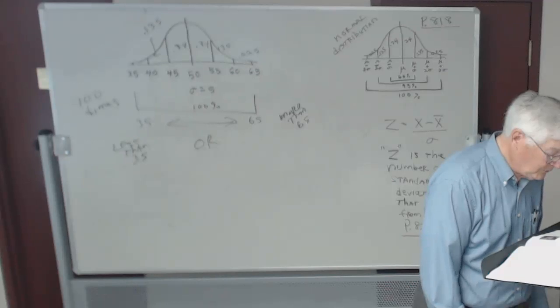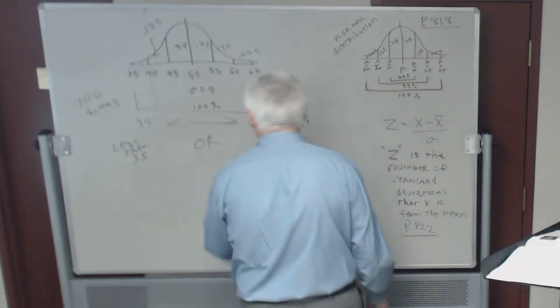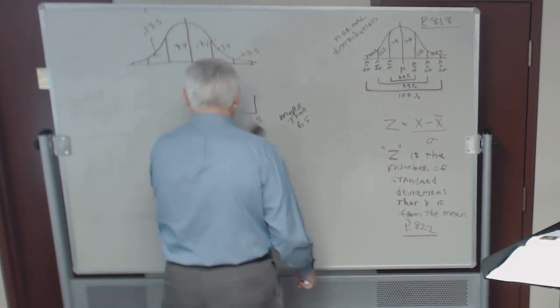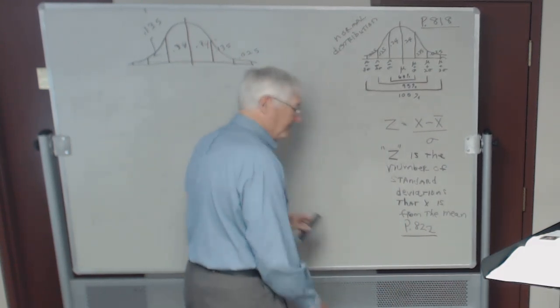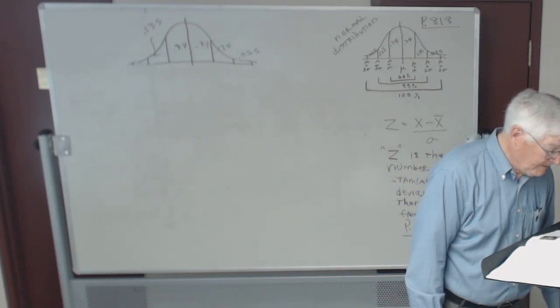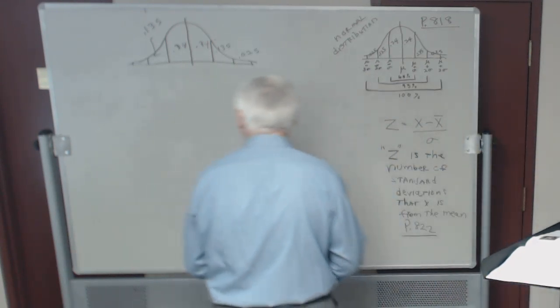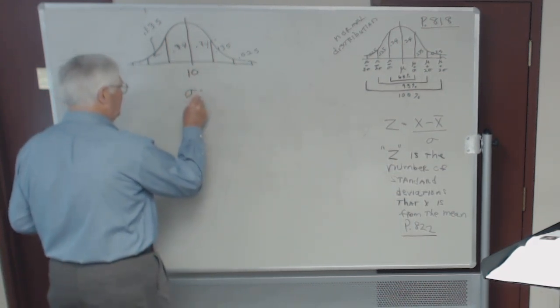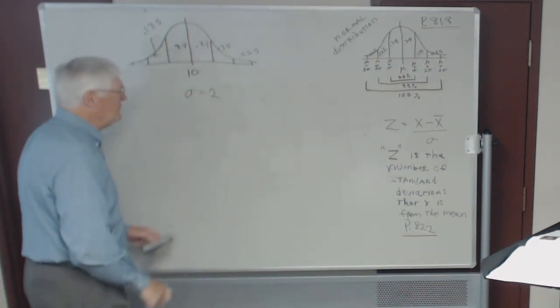In a certain normal distribution of scores, so I erase all this because I'm working a new problem. And what do I put up here for number 16? The mean is 10, so 10 goes here, and the standard deviation is, did they say 2?